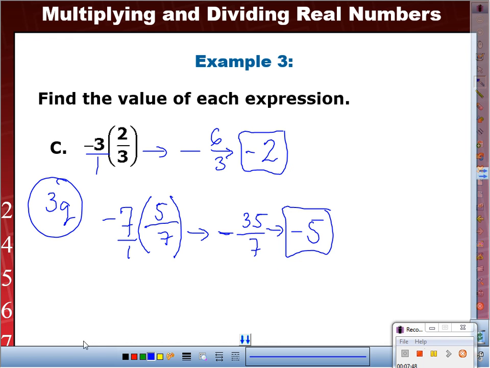Let's do another one. Example 3, super Q. Let's do negative 9 times negative 2 over 9. 15 seconds.